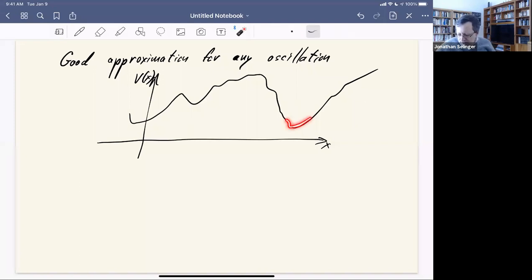Maybe you have some particle that can oscillate back and forth around that minimum. And if you want to know something about the frequency of oscillations, you could say, let's approximate that minimum by a parabola. Something like that. So we'll approximate this thing by a parabola.